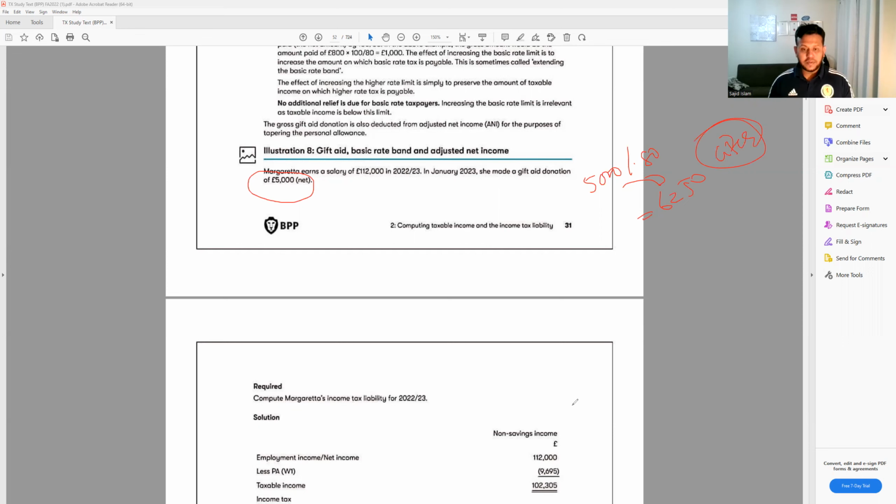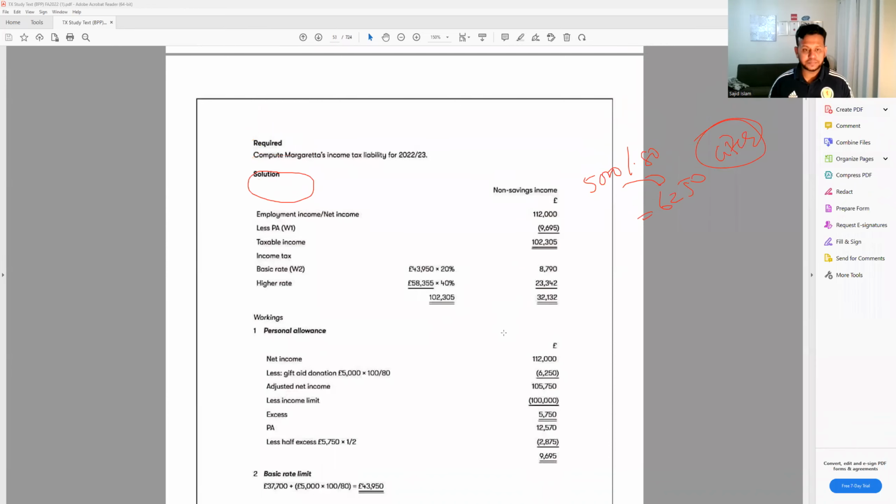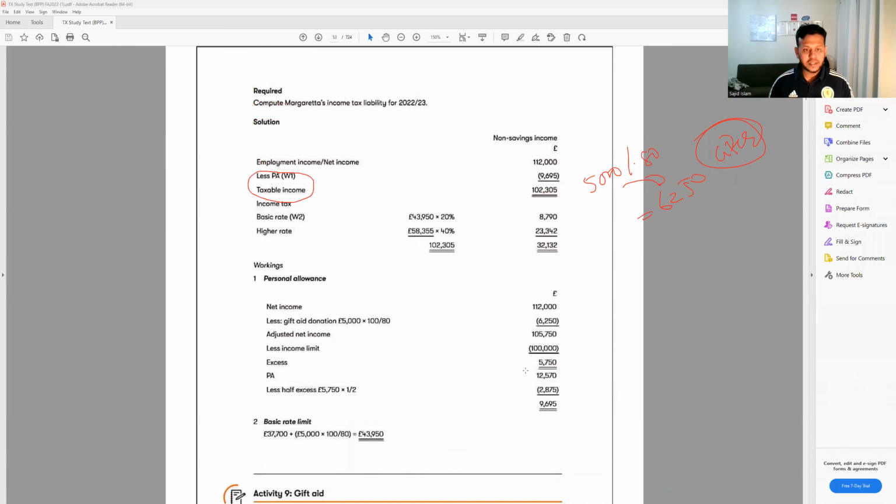All right, what is the impact? The first thing we look at is the income. The employment income, or the net income she has, is 112,000. When the income is 112,000, that is more than 100,000, which means we have to stop and check the personal allowance.